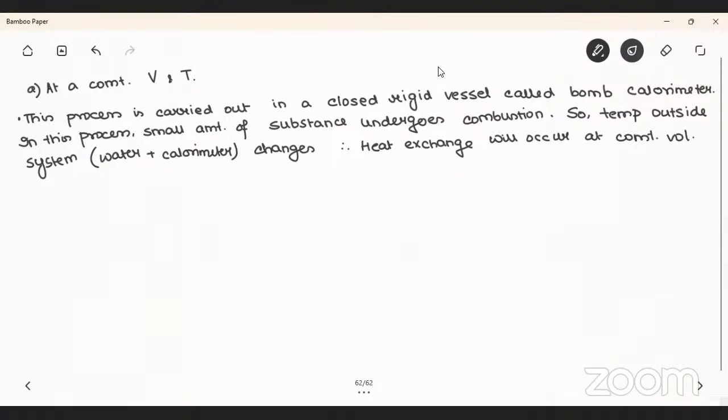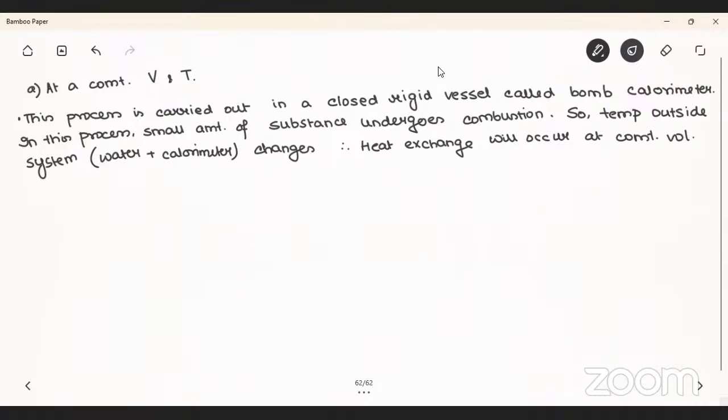Inside the system, volume and temperature both will be constant. Outside the system, volume will be constant, temperature will be changing. Since there is a temperature change, there will be heat exchange.